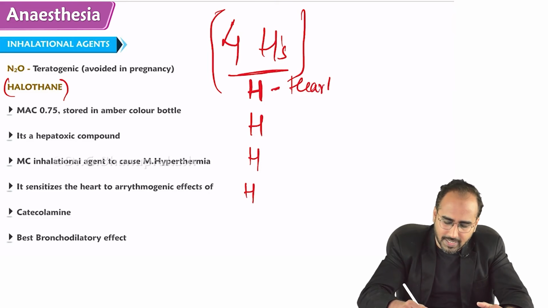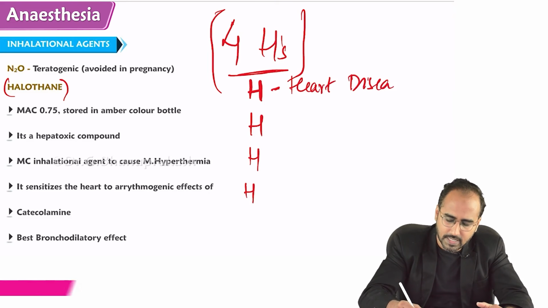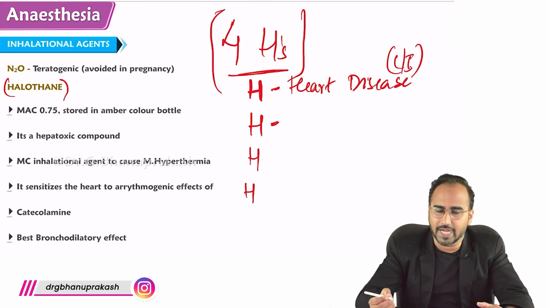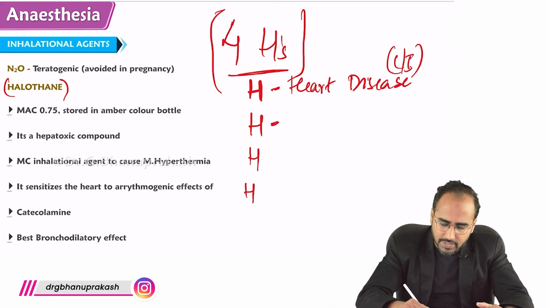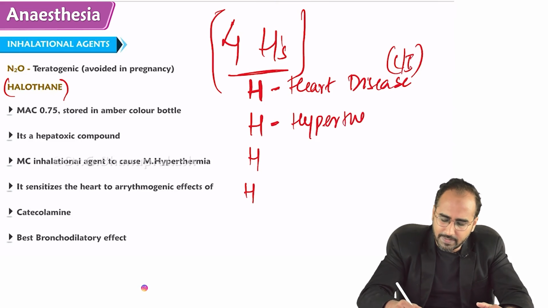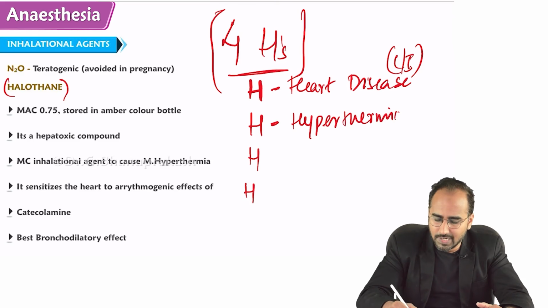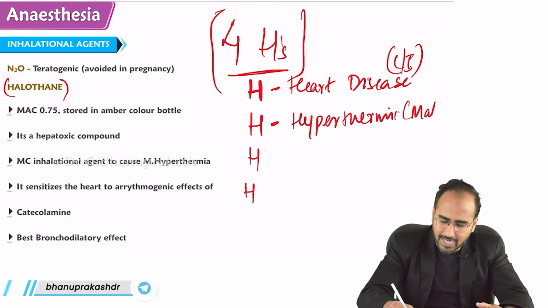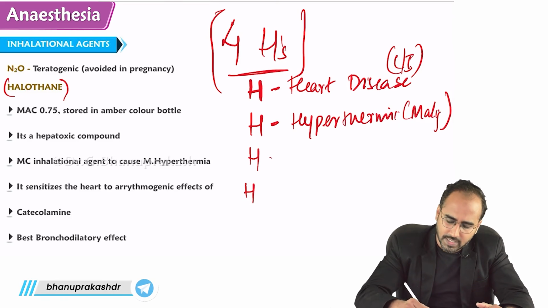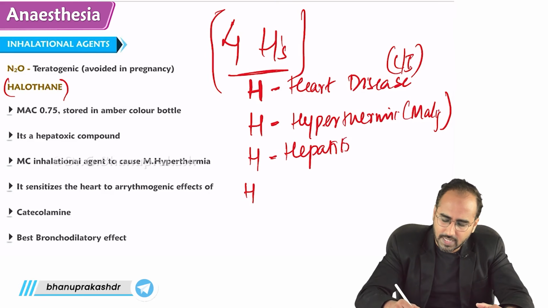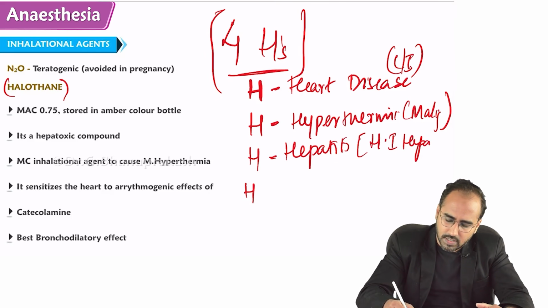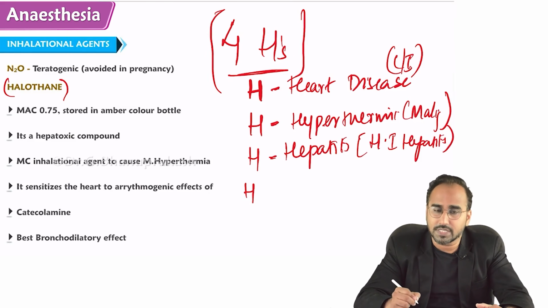Halothane is contraindicated in heart disease. That's the first H. The second H of halothane is hyperthermia. What hyperthermia? Malignant hyperthermia. The third H is hepatitis. Halothane causes halothane-induced hepatitis.